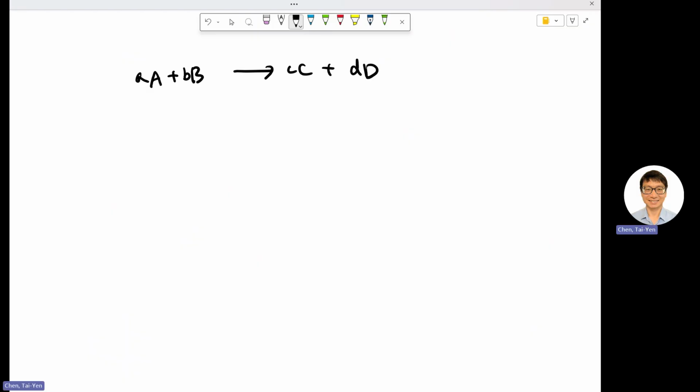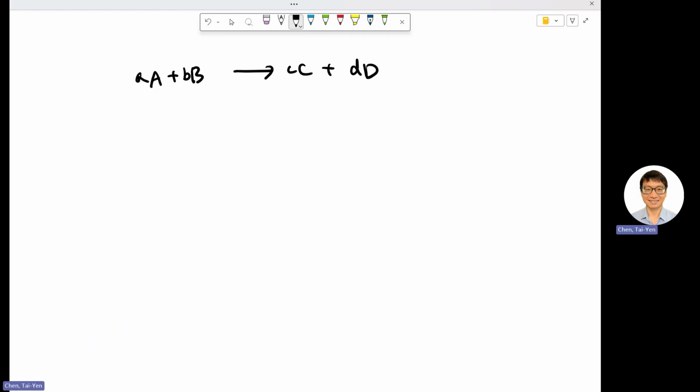How do we measure the equilibrium constant? You don't know it, right? So what do you do first? You just randomly throw in a certain amount of A, B, C, and D. That's the only thing you can do. Then what?